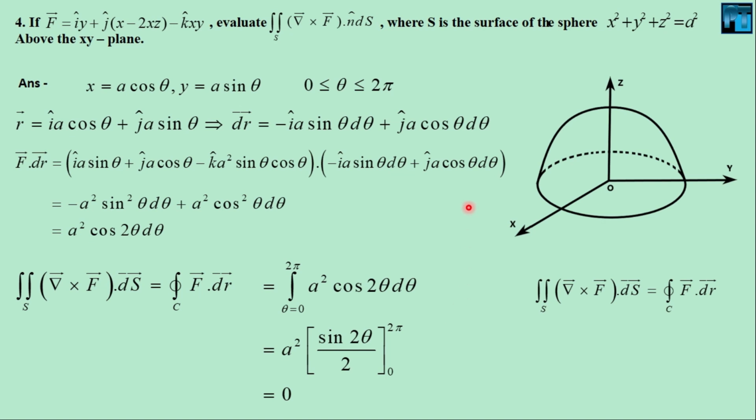So always, wherever you can, use the Stokes theorem, but do not convert from line to surface. Use surface to line conversion, because that is very easy. In your answer scripts, the question will be a bit deceiving, because the weightage of this question will be 4.